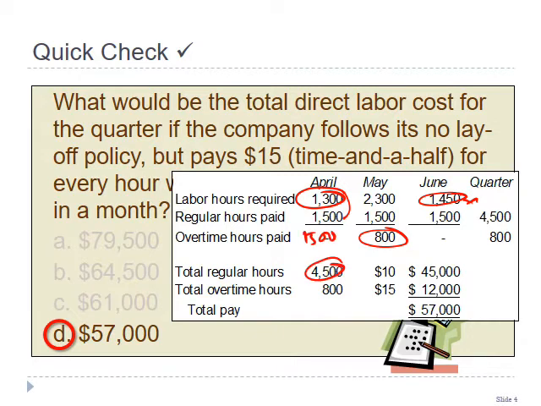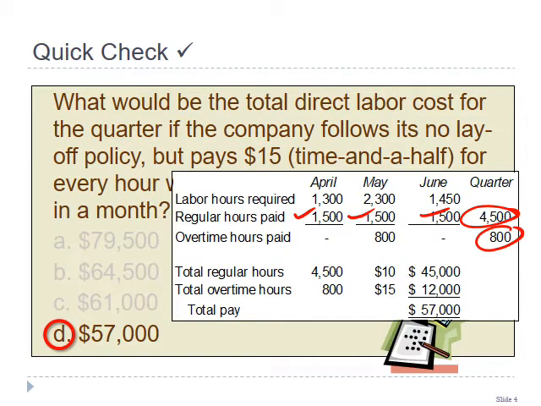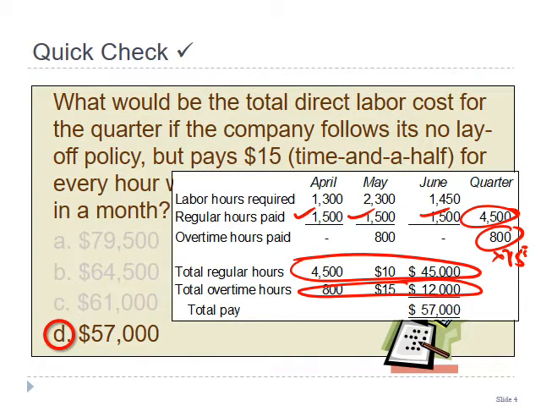Because we consider 1500 here, 1500 here, 1500 here, the total 4500. 800 is overtime, so 800 multiplied by 15 here, and normal 4500 multiplied by 3 months according to the 1500 policy. So total labor cost would be 57,000.